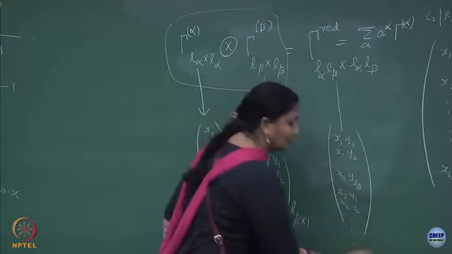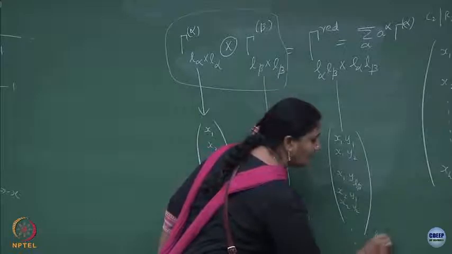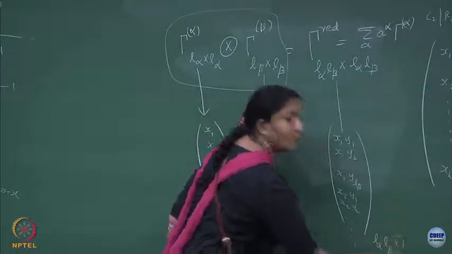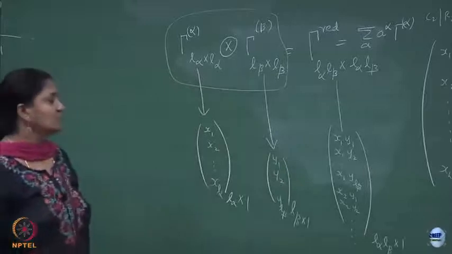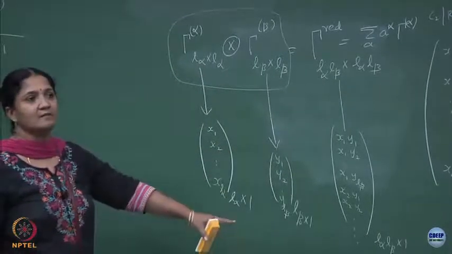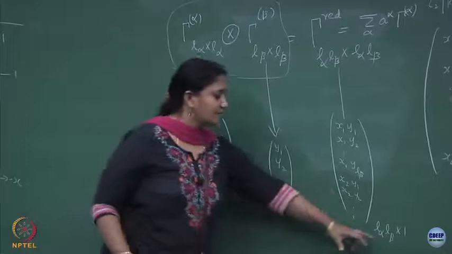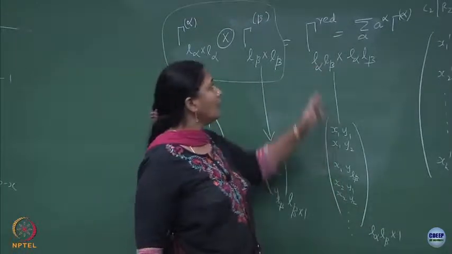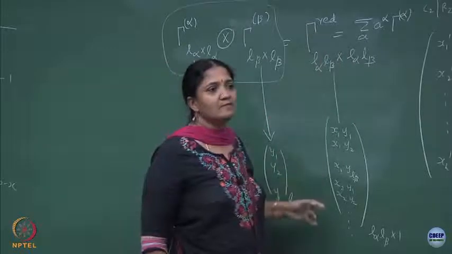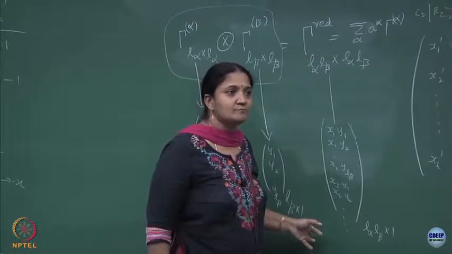That is why it will become a vector space of dimension L alpha L beta, on which these reducible matrices will act.